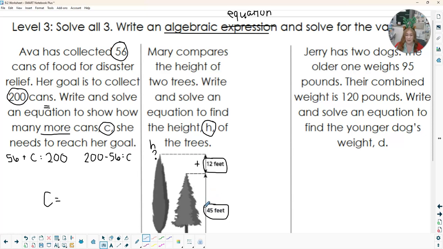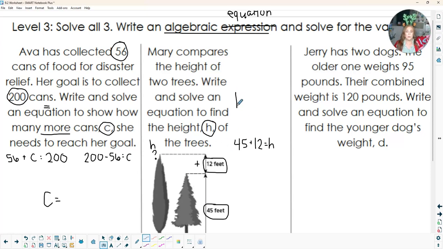So here we have 45, and we know we're getting 12 more. So we can take 45, we can get 12 more, and that will tell me the height of that tree. I could also do 12 plus 45 equals H. Right? Every time there's 4 equations that you can write. So because we have adding, we also have subtracting. So we have the total.